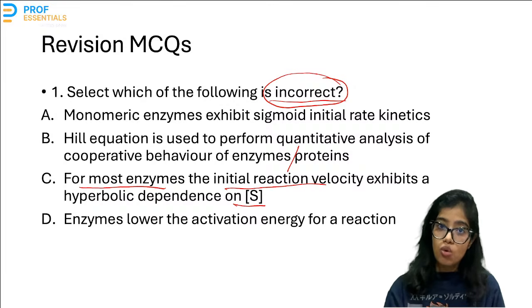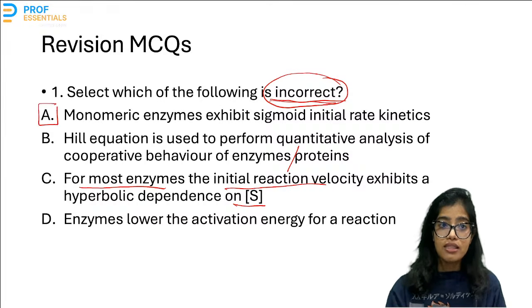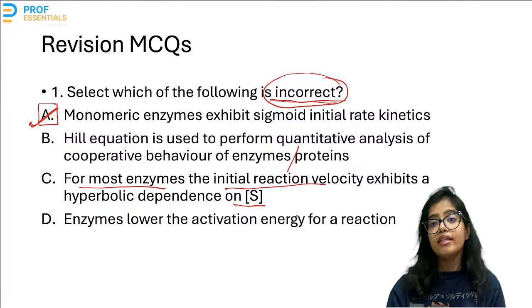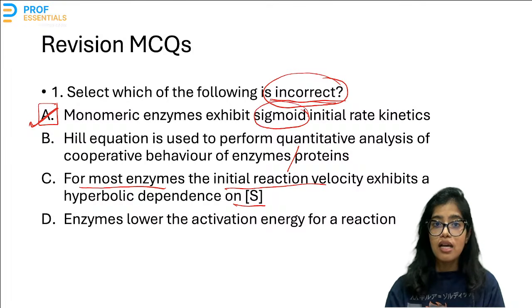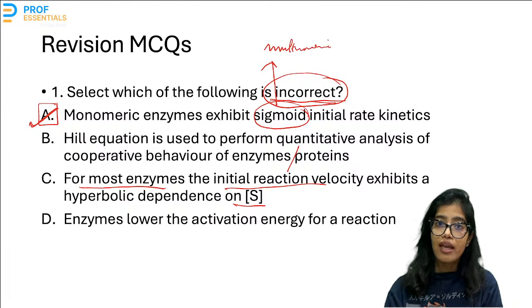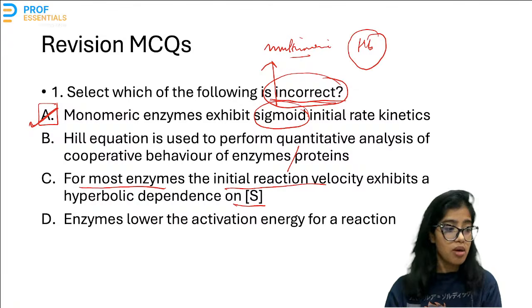Yes. So the incorrect statement out of all of these is A, that is monomeric enzymes exhibit sigmoid initial rate kinetics. Because sigmoid initial rate kinetics are for multimeric enzymes or proteins like hemoglobin, that is a tetramer, right?